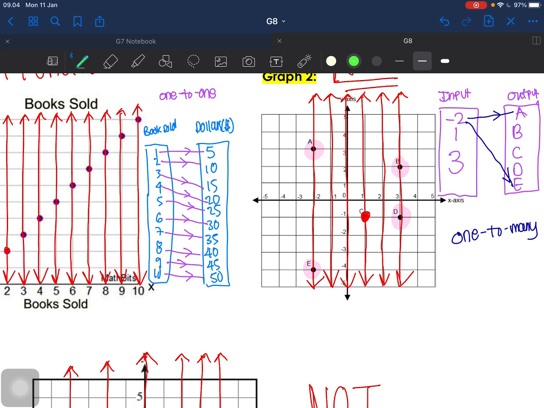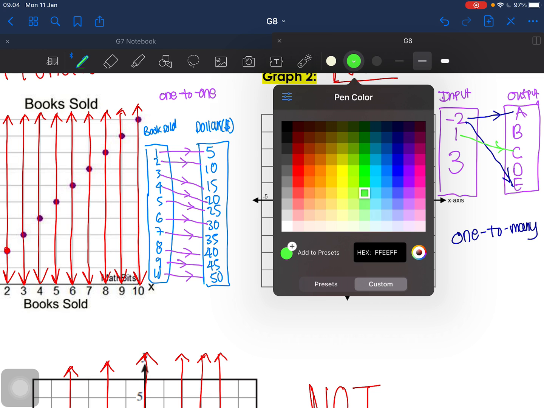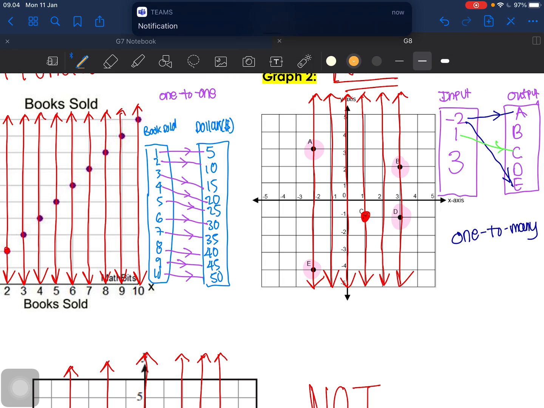And 1 is mapped onto C, so that's fine. But then again, 3 is mapped onto B and D. So this relationship is one to many because of -2 and also 3.